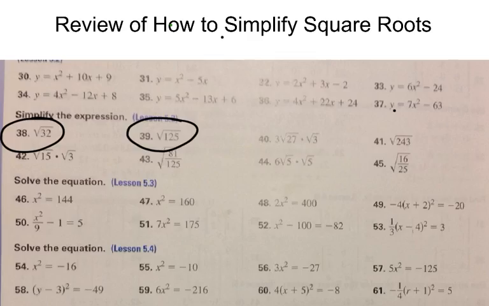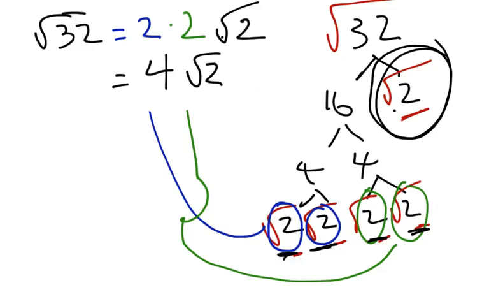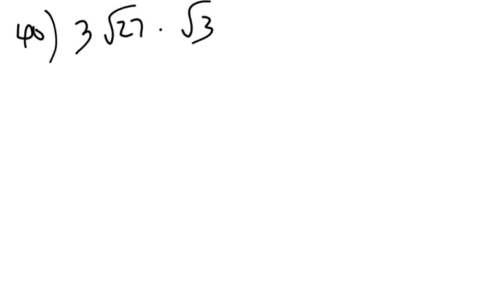Let's do problem 40 right now, which is 3 square root of 27 times square root of 3. Any number that is on the outside is going to multiply the outside, but right now in this radical there's no number on the outside, so you assume that there's a 1.